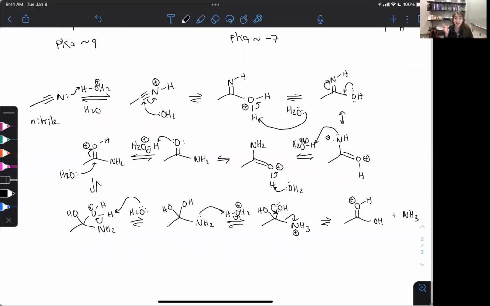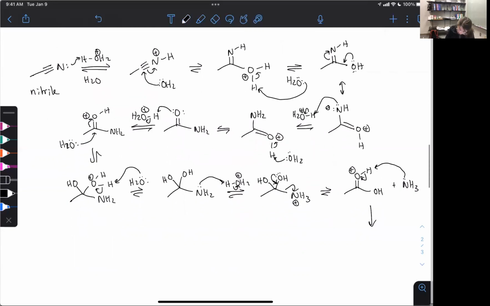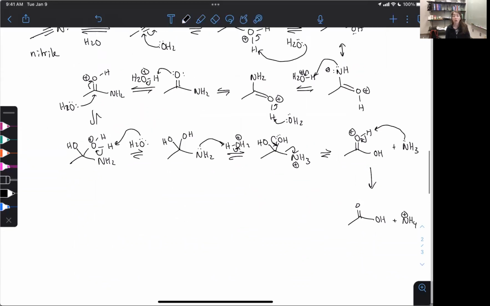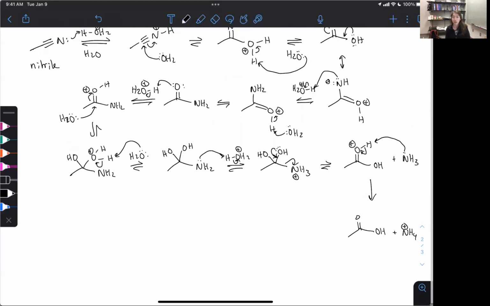Okay, I've got, again, the same kind of pKa difference situation here where my amine is going to be a pretty good base. We're going to go ahead and deprotonate that carboxylic acid. That step is going to be irreversible. And we're going to form ammonium as a byproduct. Okay, so in all of them, we get to the same carboxylic acid at the end of the day.